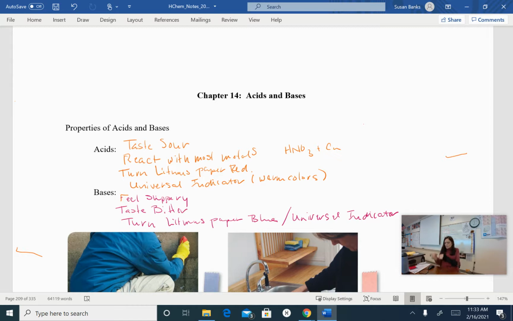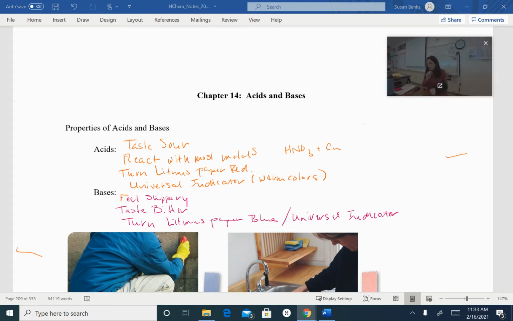Just like the acids used all the warm colors, you guessed it, the bases use all the cool colors. So if I had a base, I would start with greens, blues, onto purples and the deep indigos. So in universal indicator, we would get cool colors, when you're talking about art theory.